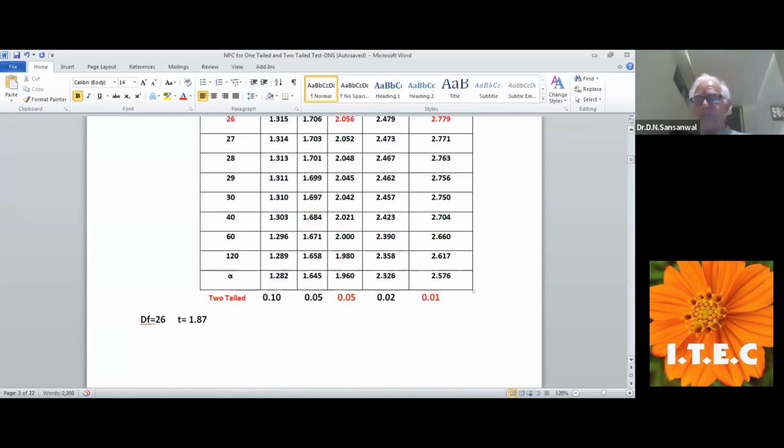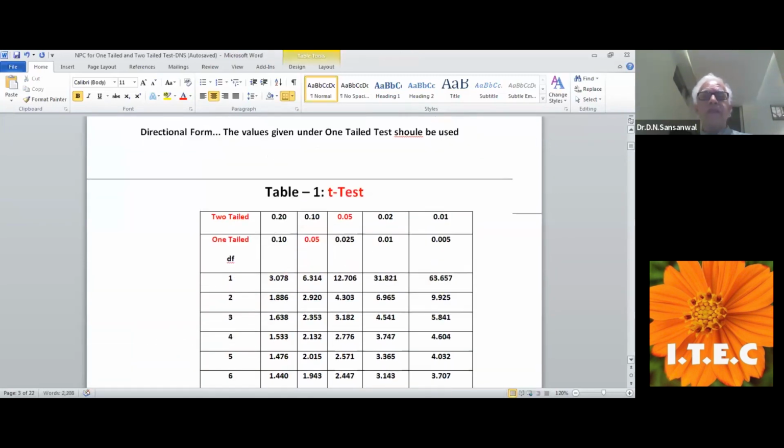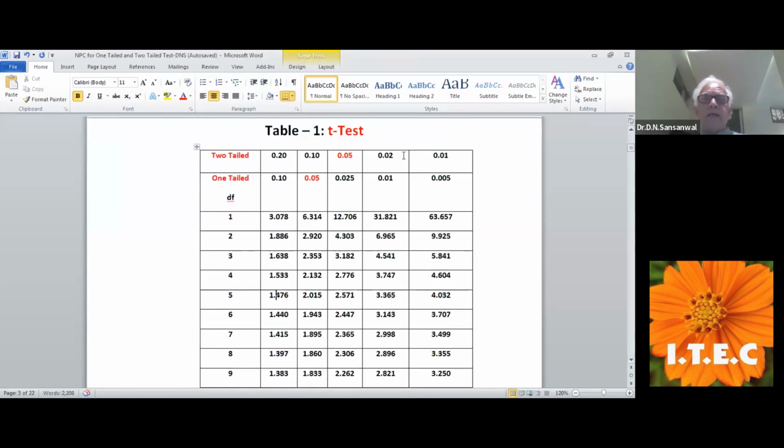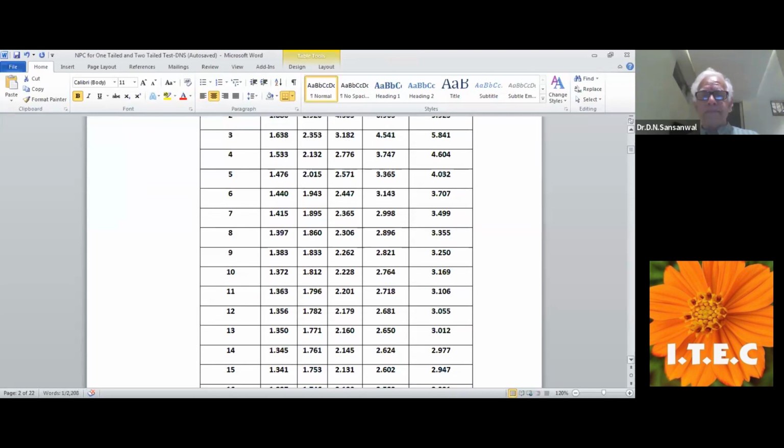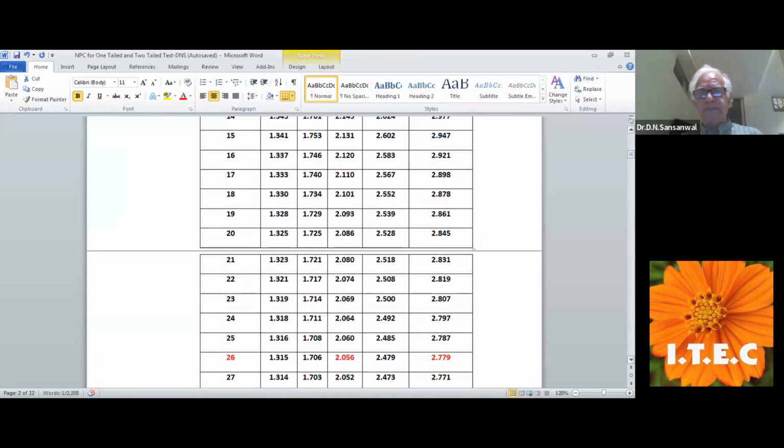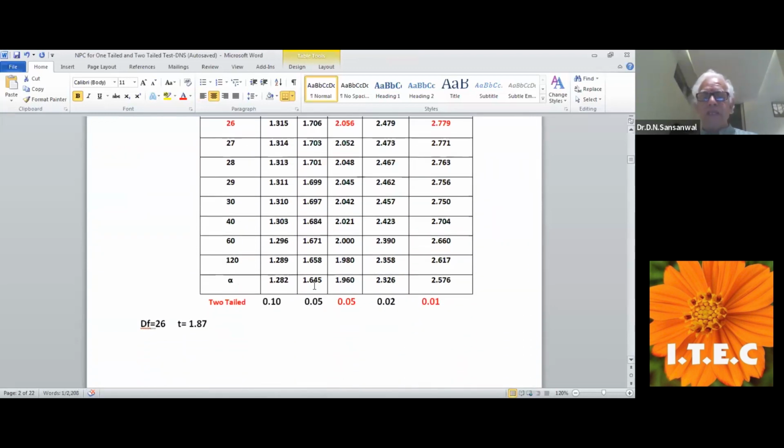Now, if you see here, this is for the one tail. So this becomes 0.025, next becomes 0.01, next becomes 0.005.